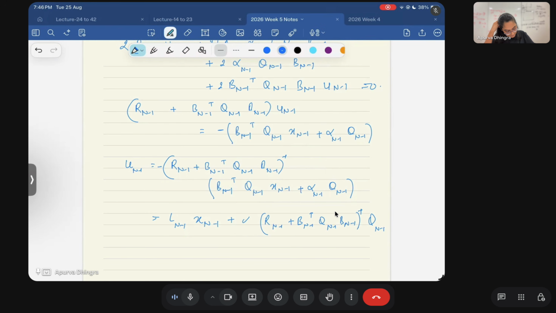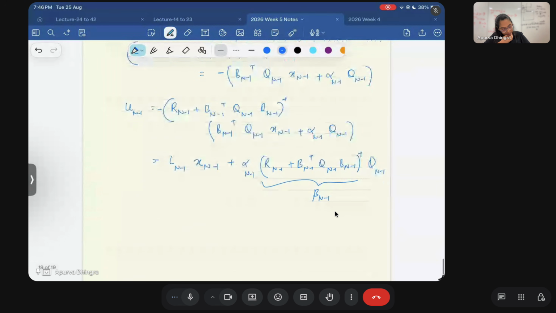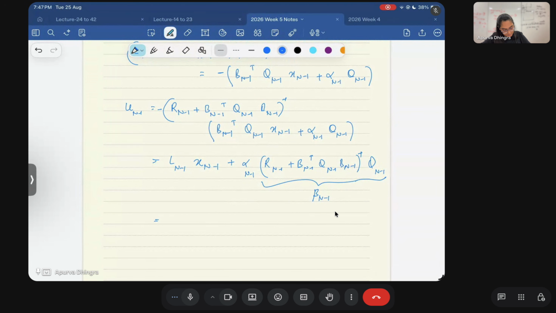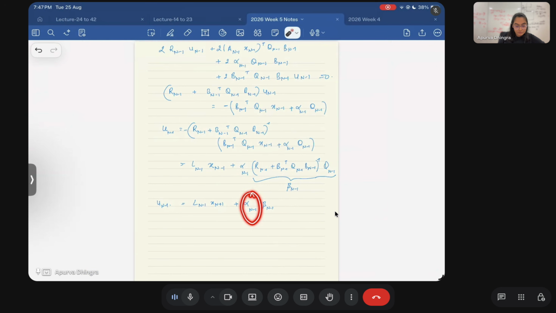And there is this alpha. This is anyways more like a scalar, so it's fine. So I could say, okay, this is some beta of n minus 1, and this whole thing. Then what I have is this is some kind of an offset that got introduced. In the previous case, this was 0 for all time steps. That's why this didn't exist.